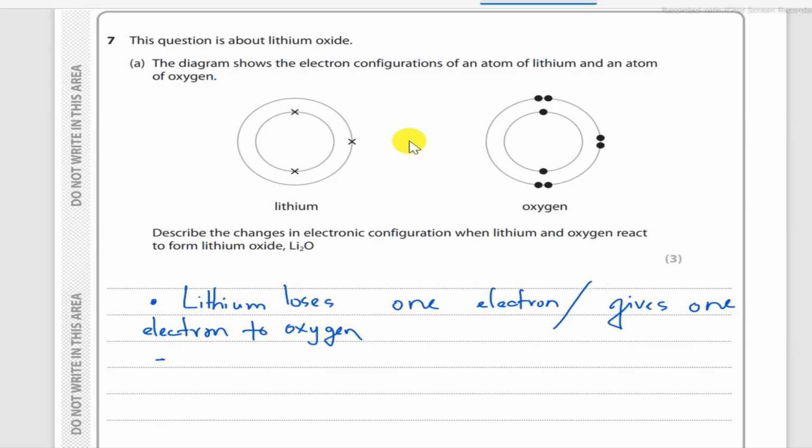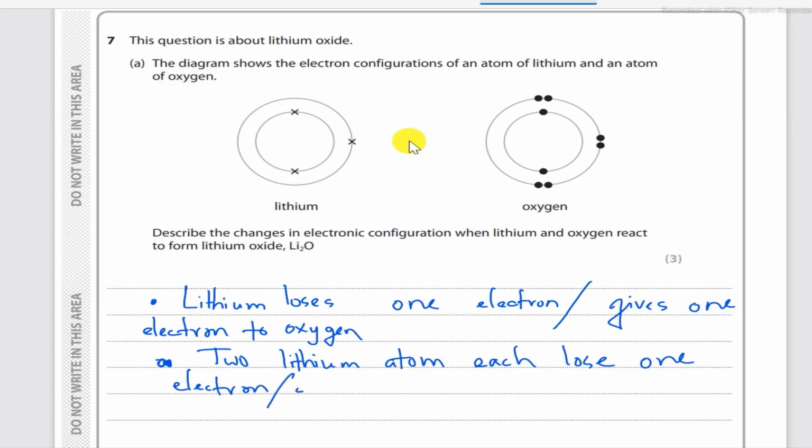Two lithium atoms each lose one electron and give one electron to oxygen.